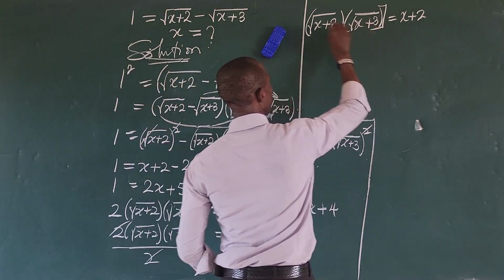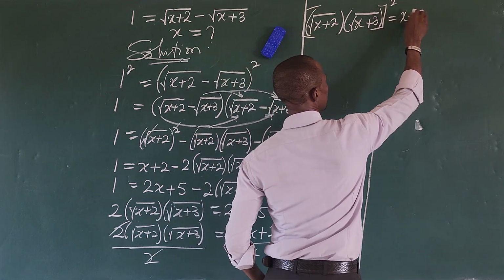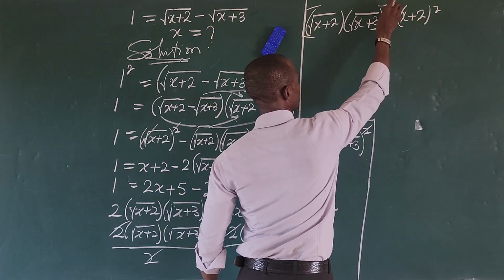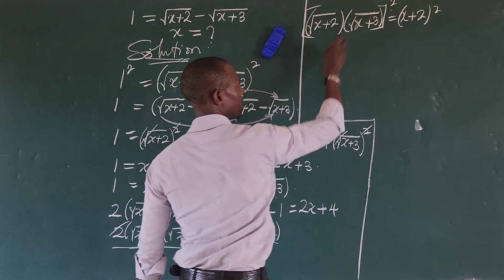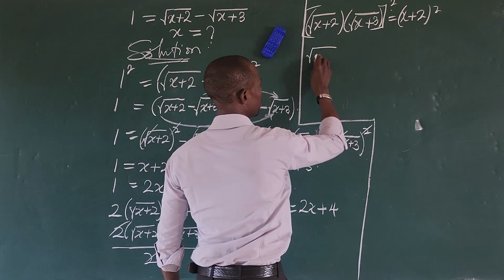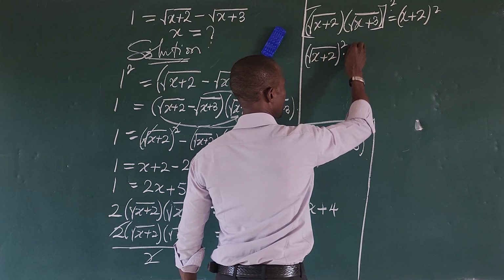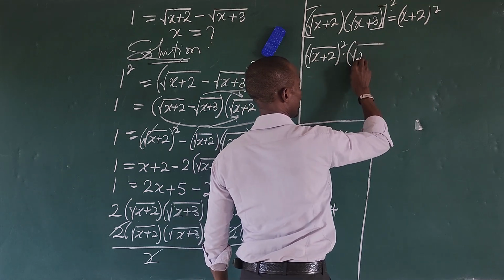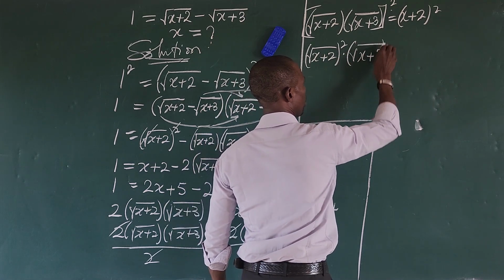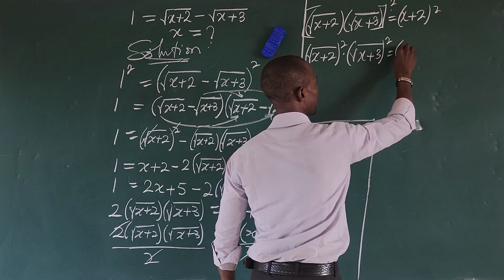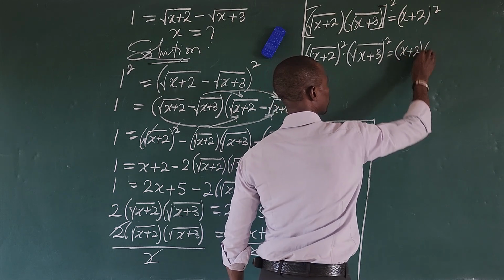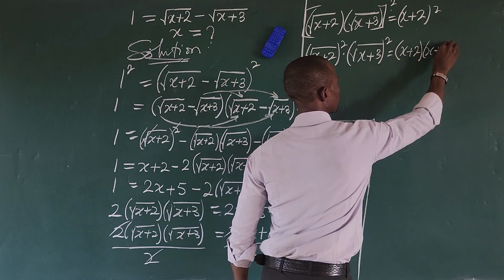So we're going to square this, and at the same time, square this. This square will affect everything here. So this is going to give us the square root of x plus 2 all squared times the square root of x plus 3 all squared, equal to bracket x plus 2 into bracket x plus 2.